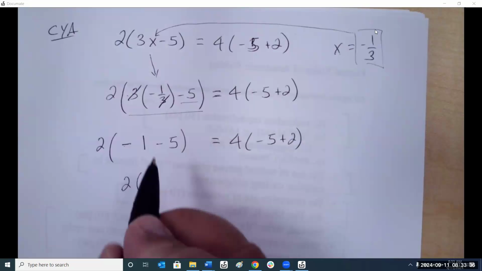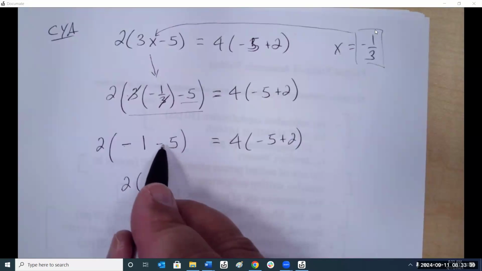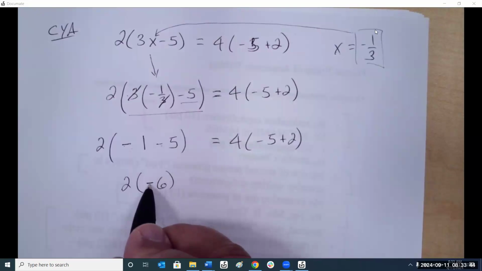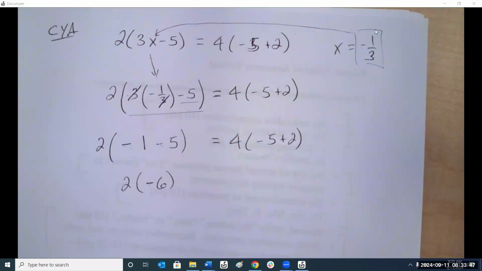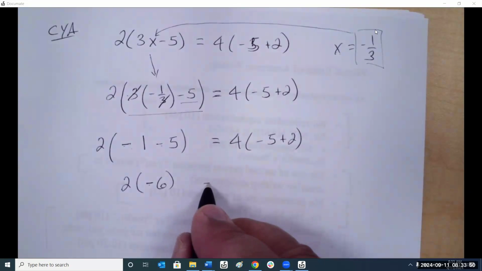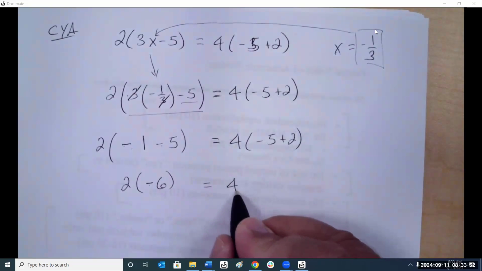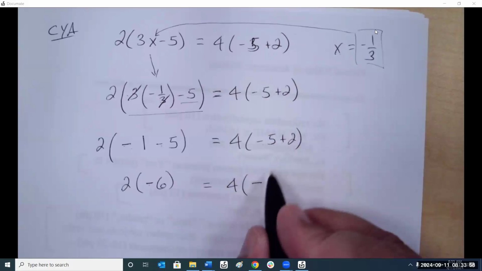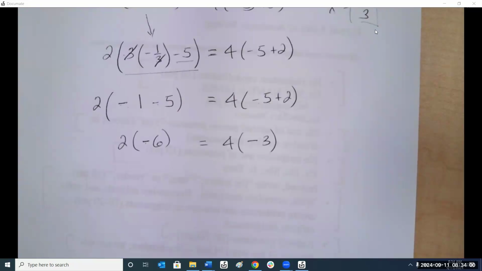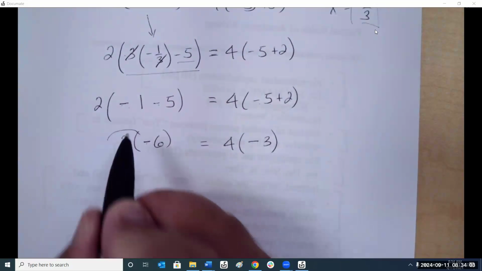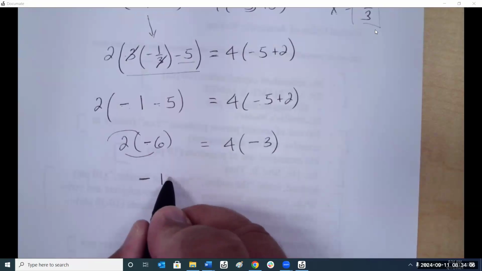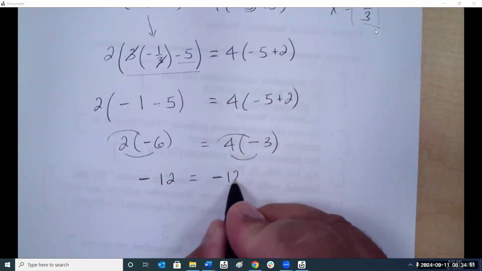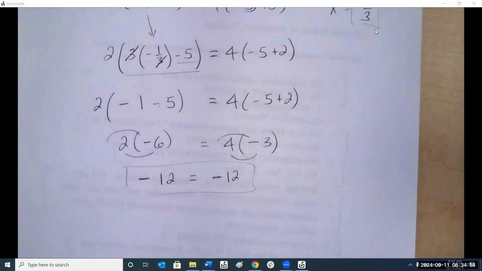Inside the parentheses, they're both negative, so the answer is going to be negative 5 plus 1 is 6. If the signs are the same, write the sign down and add the numbers. If the signs are different, take the sign of the larger and subtract the numbers. 5 minus 2 is 3. Positive times negative is negative. 2 times 6 is 12. Positive times negative is negative. 4 times 3 is 12. That means that's your answer.